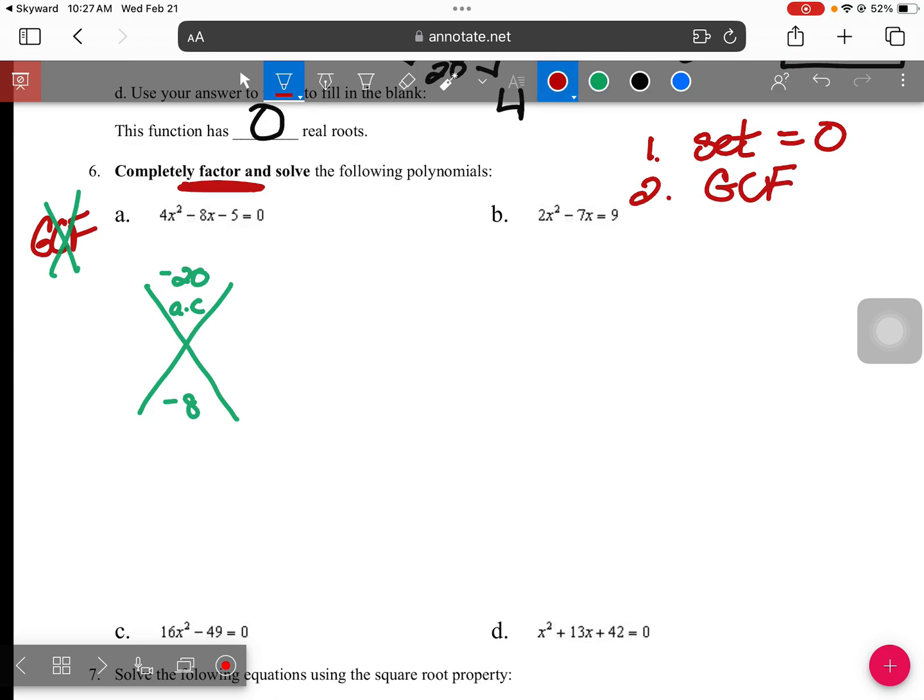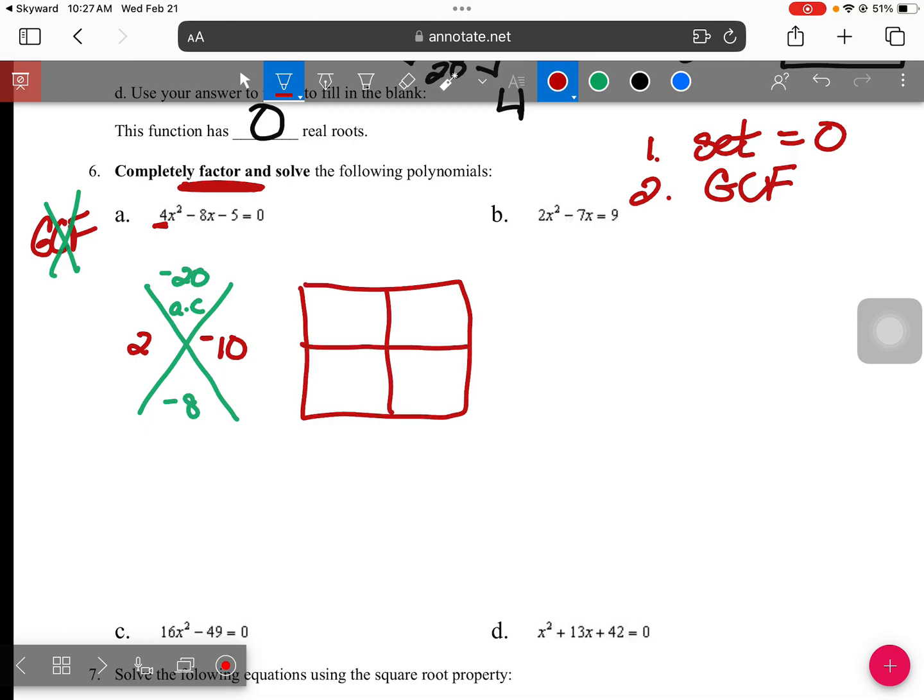Think about your factors of 20. 10 and 2. And which one gets the negative? The 10, yes. Okay, is this the one where A is equal to 1 and I can use that shortcut? No. A is equal to 4, so I do need to do the box here. In the upper left-hand corner, wearing the blue trunks, what value do I put in the upper left-hand corner?